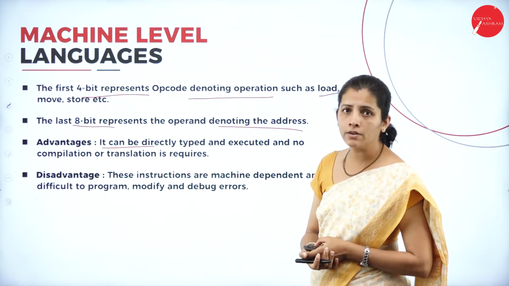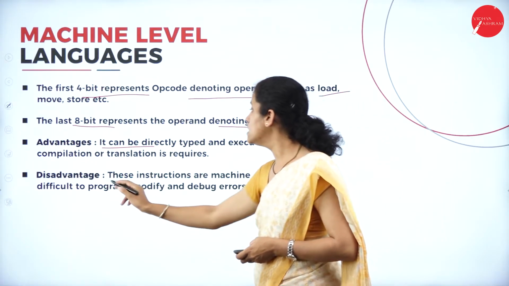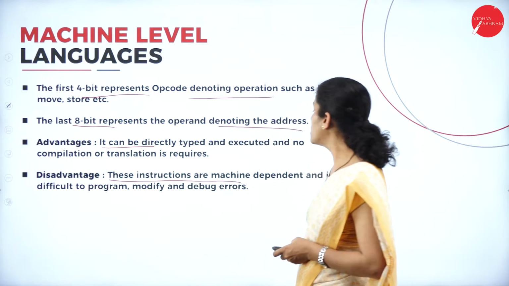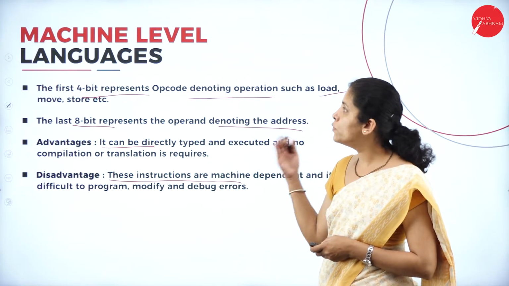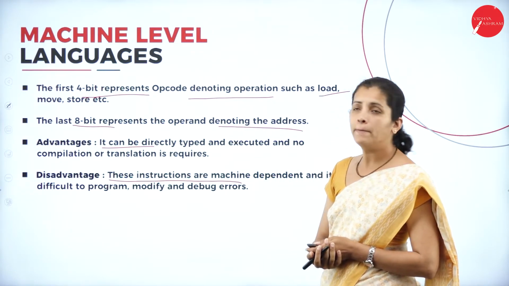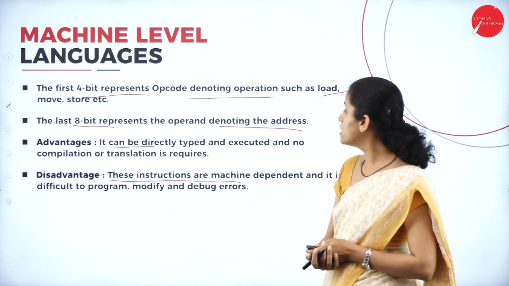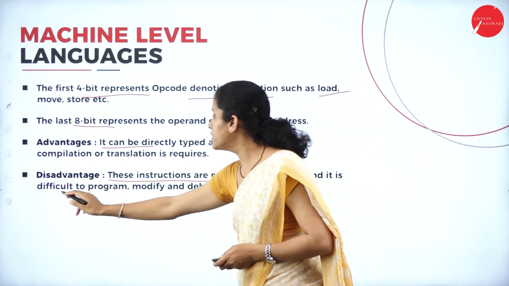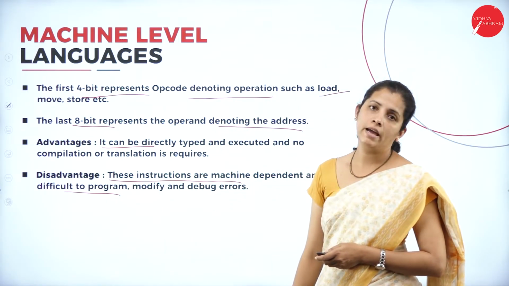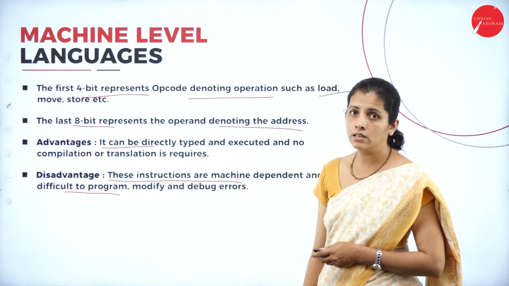And what is the disadvantage here? These instructions are machine dependent. Whatever instructions I write by using machine level languages are machine dependent, and it is very difficult to program, modify and debug the errors.